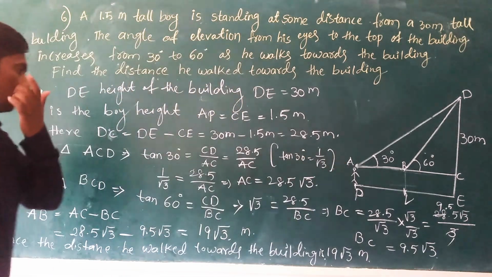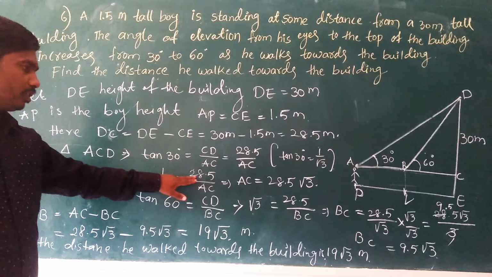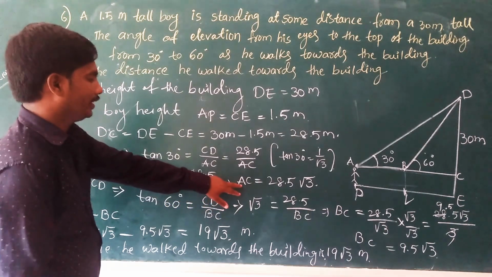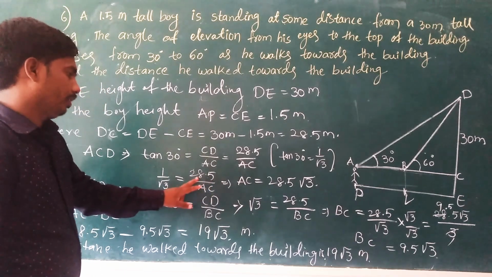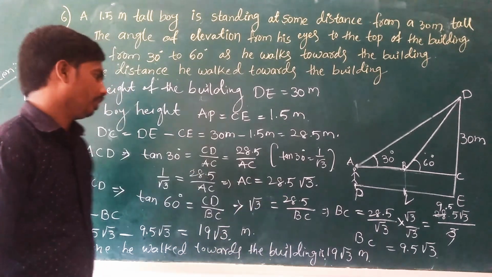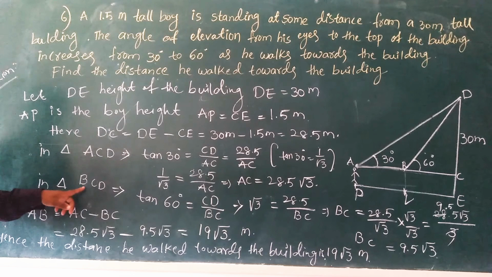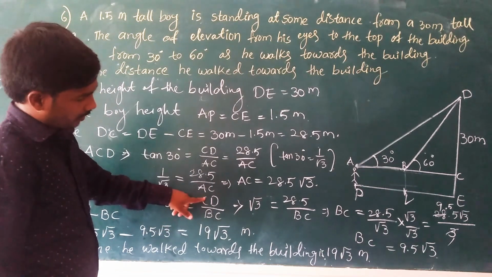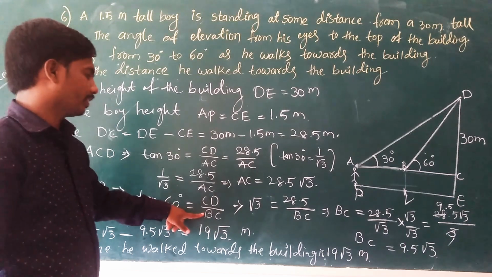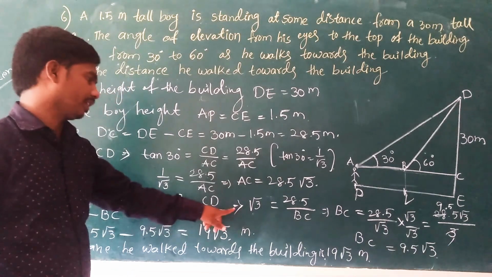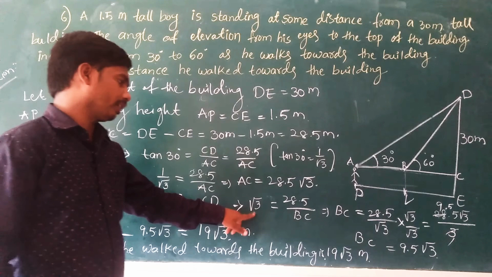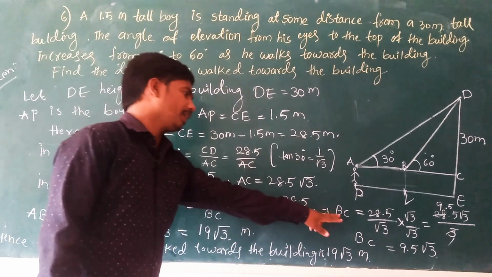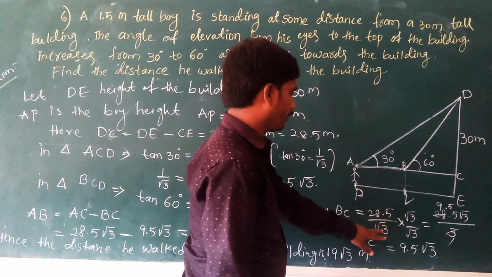So 1 by root 3 is equal to 28.5 by AC. So AC is equal to 28.5 root 3. Next, in triangle BCD, tan 60 is equal to opposite by adjacent, opposite CD, adjacent BC. Tan 60 value is root 3. Root 3 is equal to 28.5 by BC. BC is equal to 28.5 by root 3.